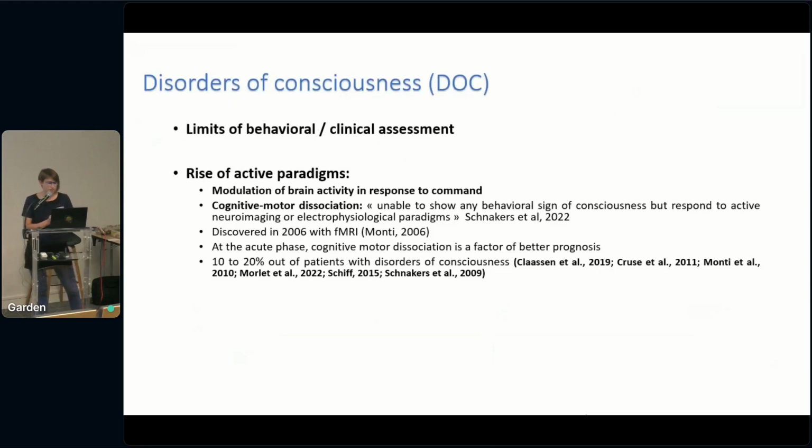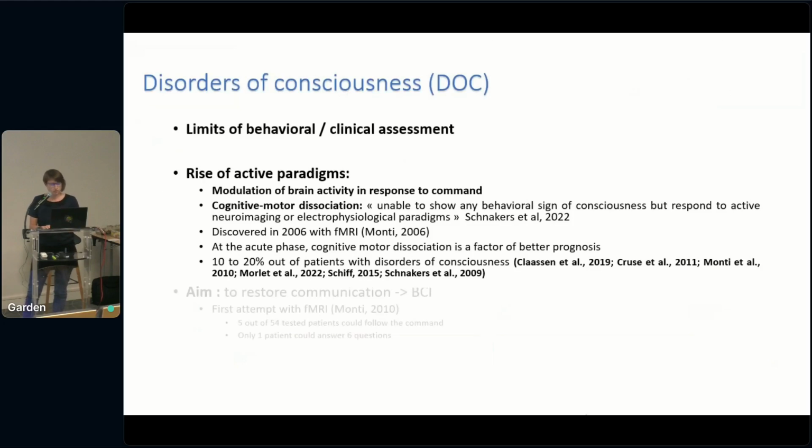It was discovered in 2006, first with fMRI, and it is now known that at the acute phase, cognitive motor dissociation is a factor of better prognosis. And it appears that even in chronic patients, 10 to 20% of patients with disorders of consciousness are able to respond covertly to commands.